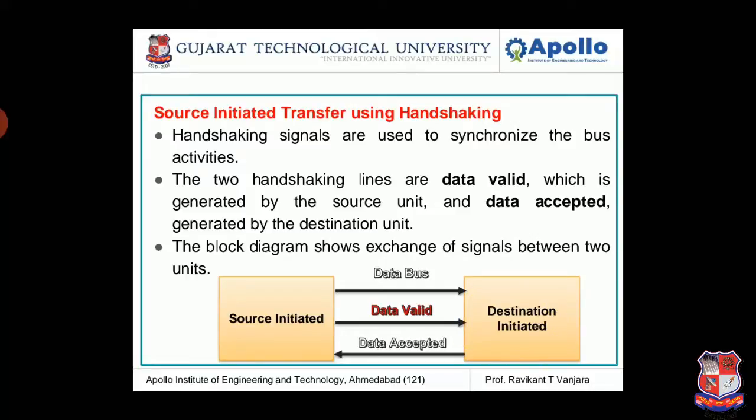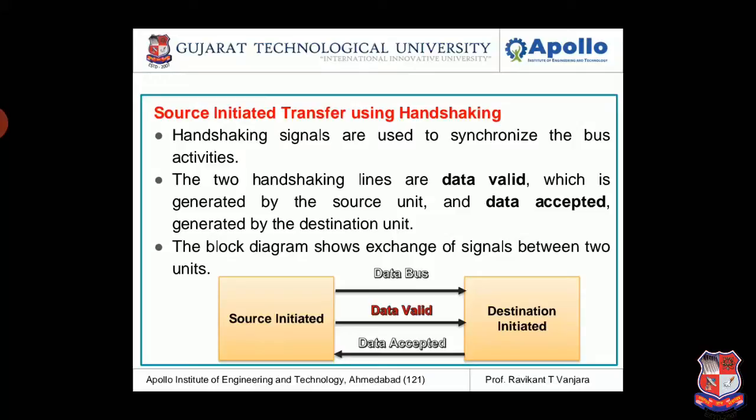So here we are using two extra signals: the data valid signal, to inform the unit that data is being placed on the data bus, and the data accepted signal, used to acknowledge to the source unit that data has been received by the destination unit. After some time the source unit will disable the data bus, and the destination unit will also disable its data accepted signal.